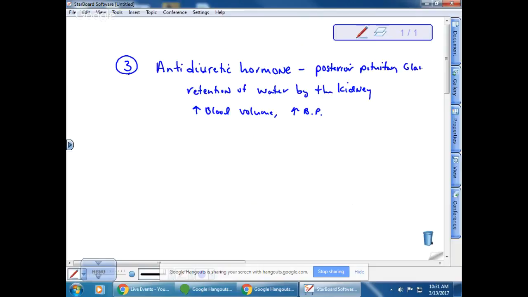That's where that actually sits in the sella turcica of the sphenoid bone in your brain case, right? Okay, so that's the posterior pituitary gland. So it travels via the circulatory system to the kidneys. It binds to those tubules in the kidneys, and it causes water to be reabsorbed, and it increases blood pressure.